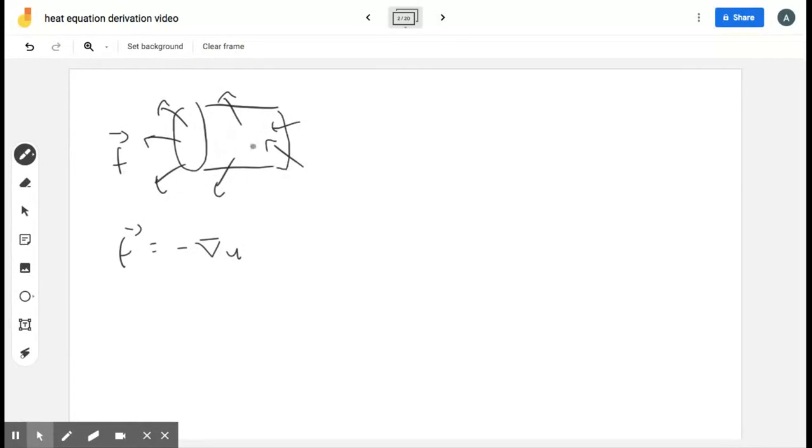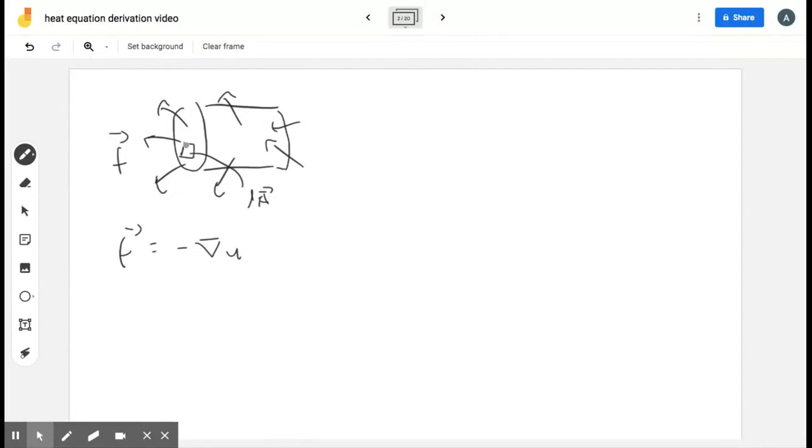Well, if I wanted to find the total heat flow within this object made of some material, how much heat is flowing out or into this material? Well, in order to do that, I have some small dA here, right? Some small dA.